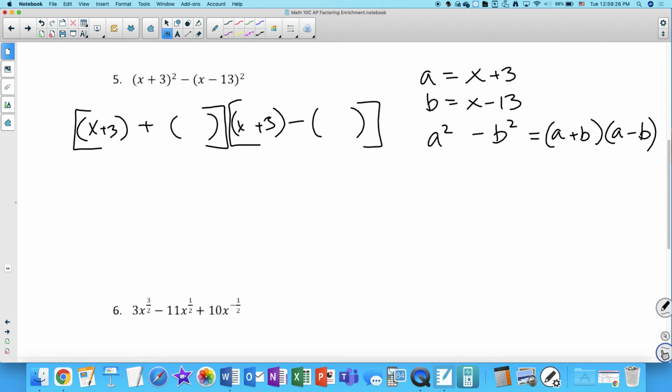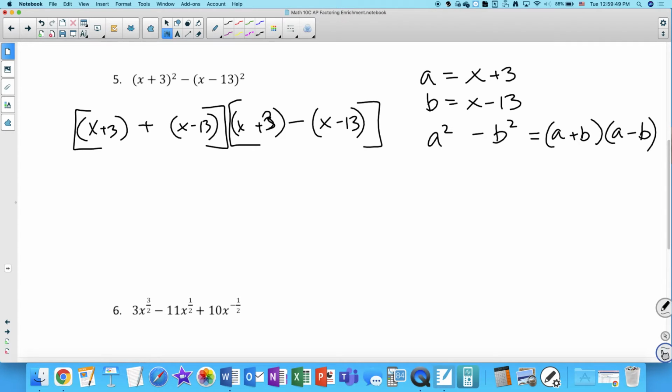Okay? And then the second one is going to be x minus 13. So now we actually have some simplification to do, because within each of these square brackets, we have some like terms.